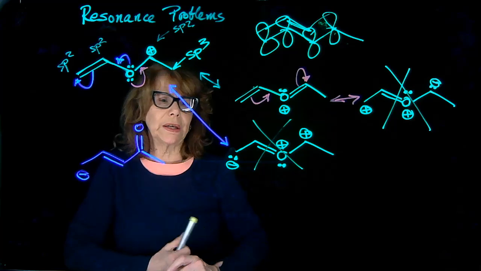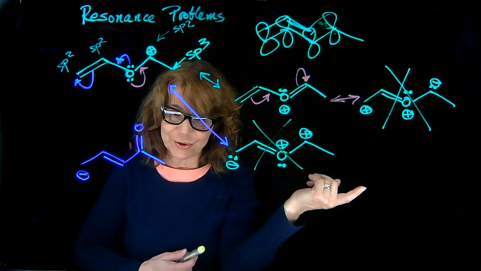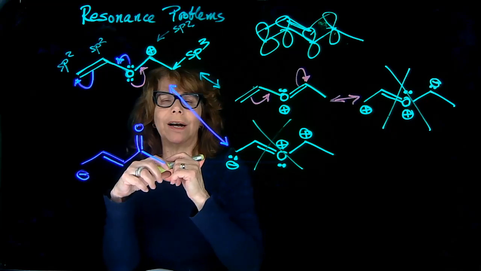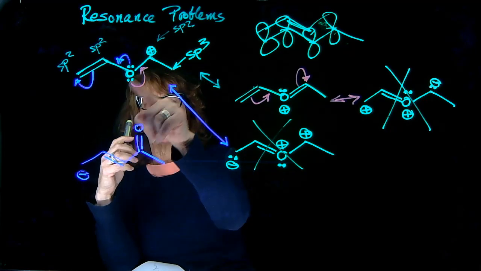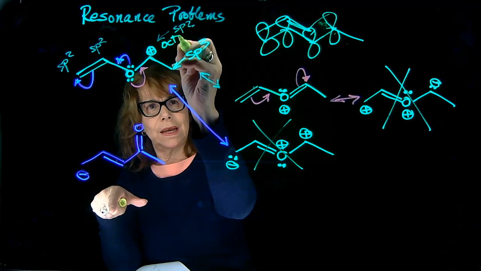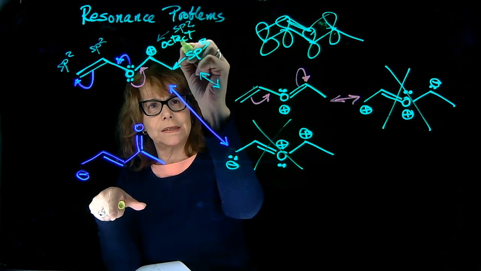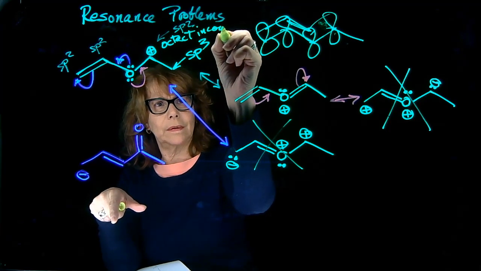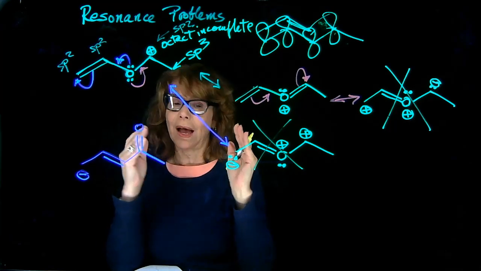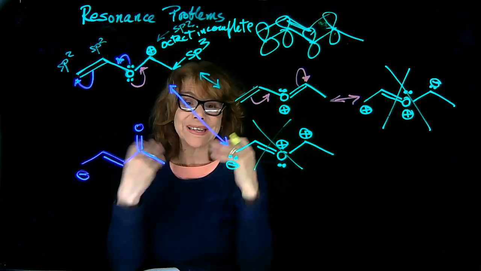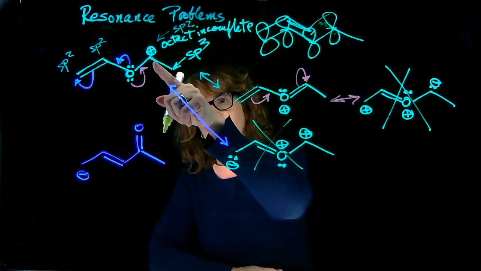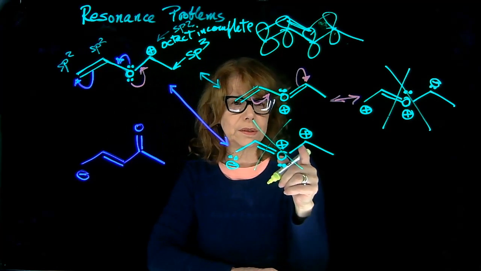So now let's do the analysis. These two do not contribute, as we can see, too many charges. Now, in this structure here, at this carbon the octet is incomplete, and that's the main factor that we're going to be analyzing when assessing resonance structures. Octet incomplete. Everything else, octet is complete.